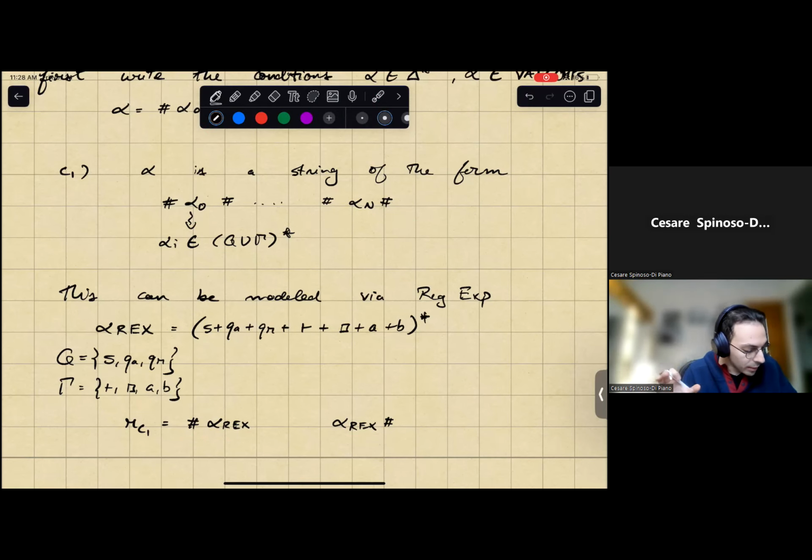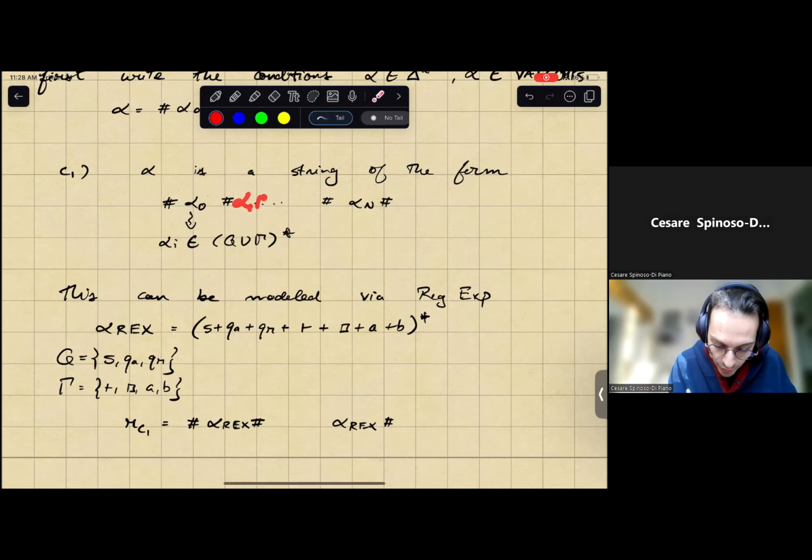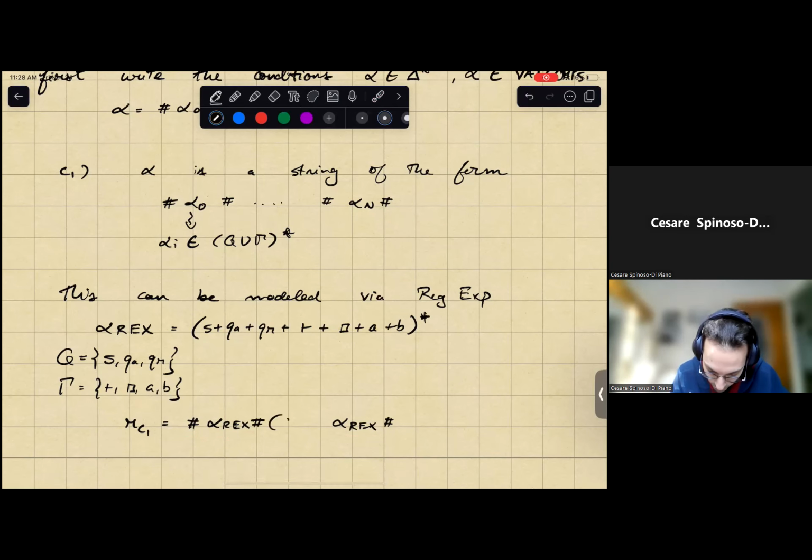And then in the middle, you could sort of repeat the hash and the alpha any number of times. And so, for the sake of simplicity, let's place this hash here, and then just say that you could have an alpha and a hash any number of times, right? And so that'll work out. So we'll get alpha_REX hash any number of times.